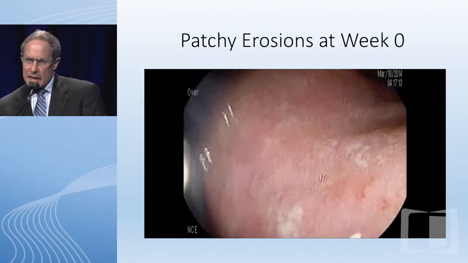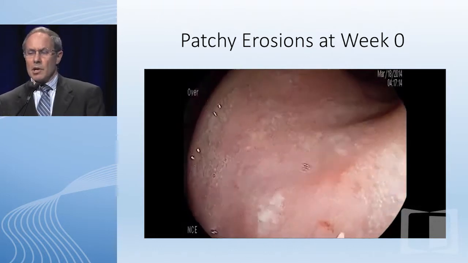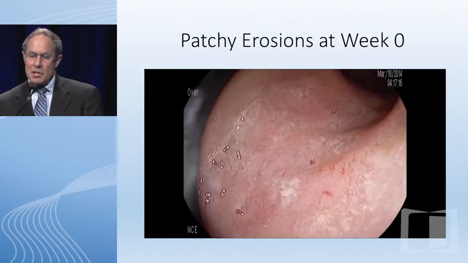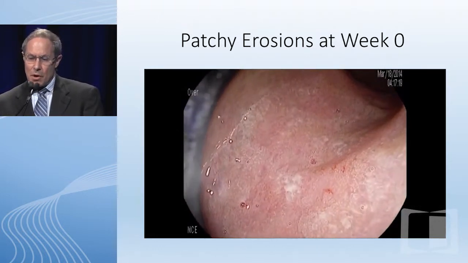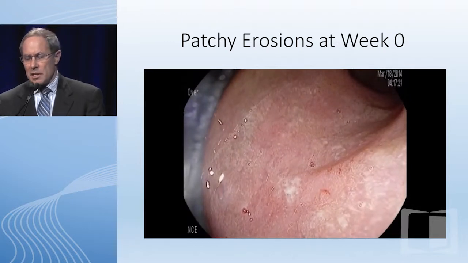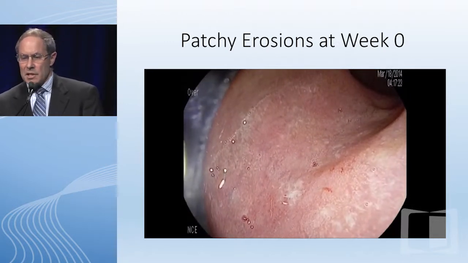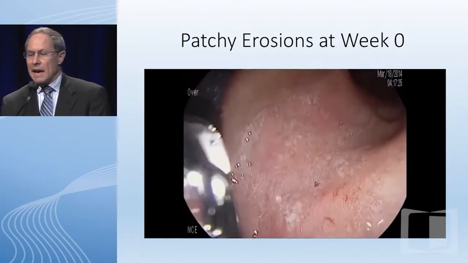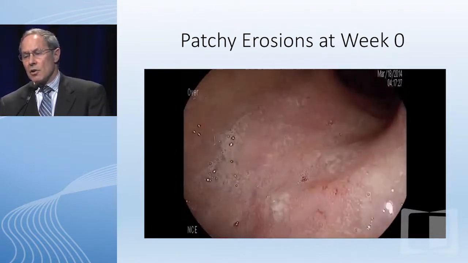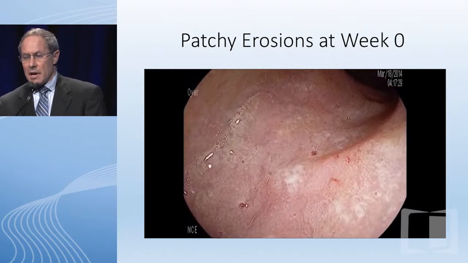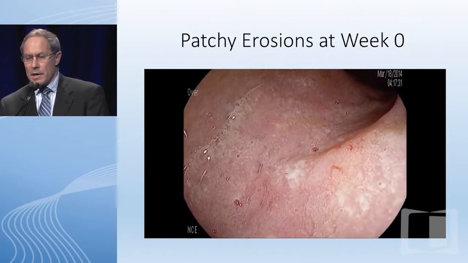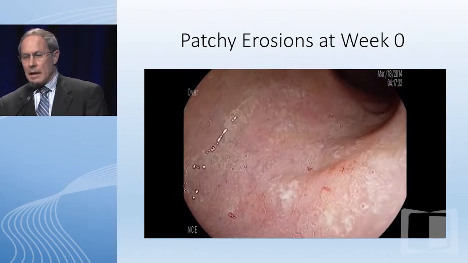And now this next series is a series of 3 cases, or at least 3 images. This is something we saw before, erosive change, essentially a Mayo 2, moderate disease. Patient had 6 to 8 stools a day. Half of them were bloody. And so she was started on biologic therapy at this point, at week 0.